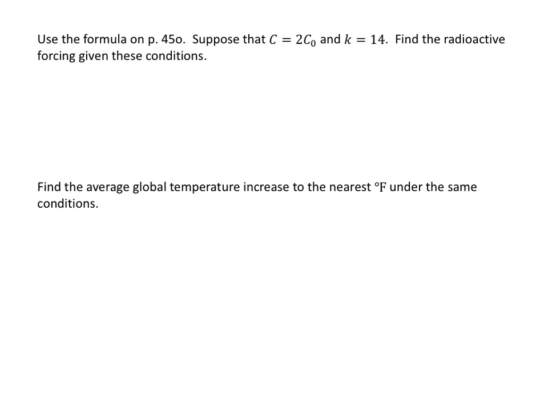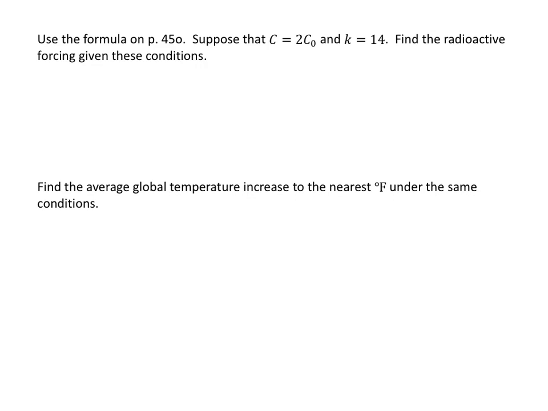So if you look on page 450, about halfway down the page, it talks about radioactive forcing. What happens is when carbon dioxide in the atmosphere traps heat from the sun, that additional solar radiation is what's called radioactive forcing, and it's measured in watts per square meter.